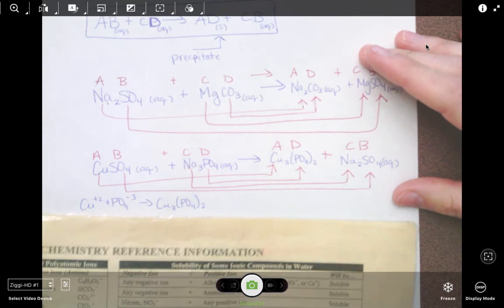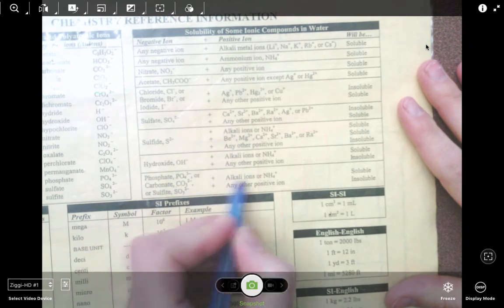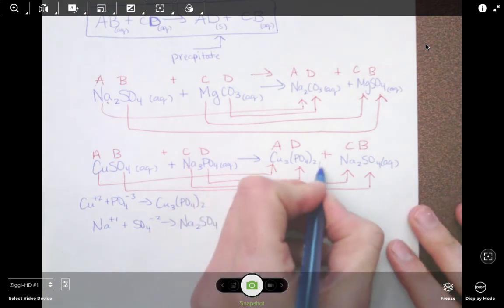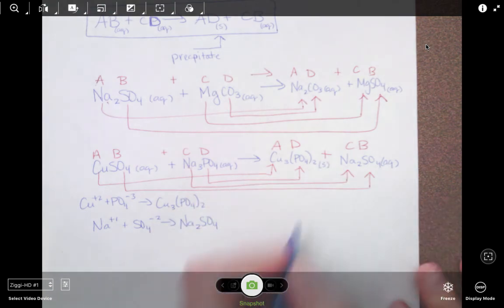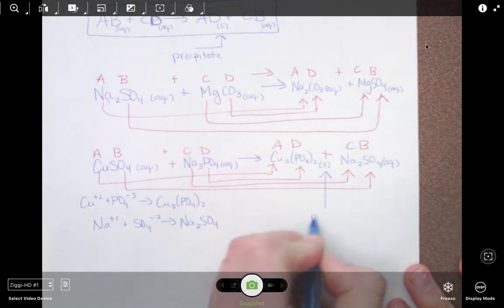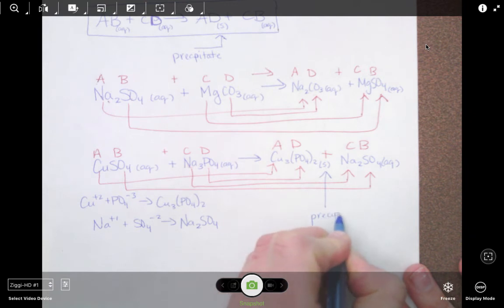And then copper 2 phosphate. I look for phosphate, I found it right here, plus any alkali ion or ammonium is going to be soluble. Well, copper is not either of those, which means it is any other positive ion, which means it's going to be insoluble. Therefore, this forms a precipitate, so it would get a solid right there. So that's a precipitate formed.